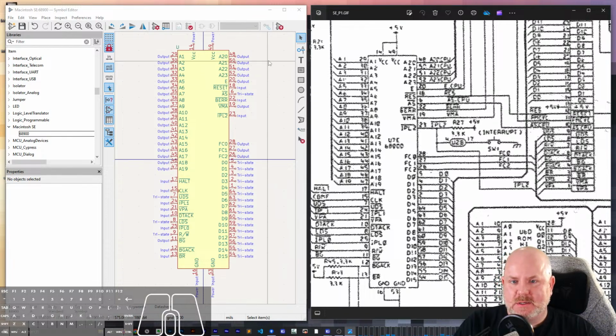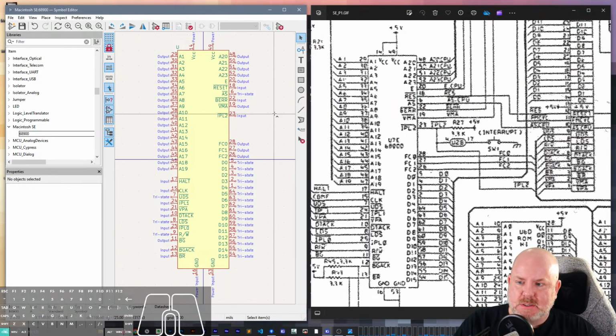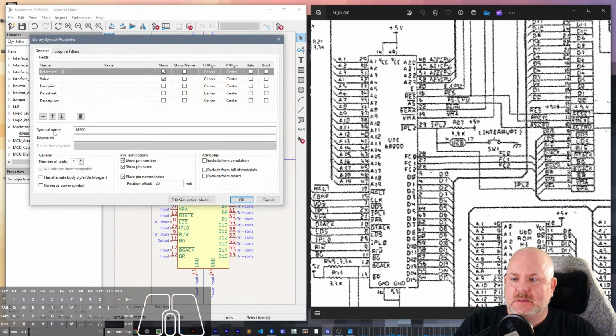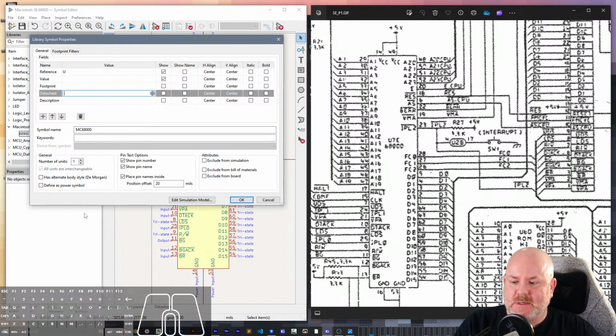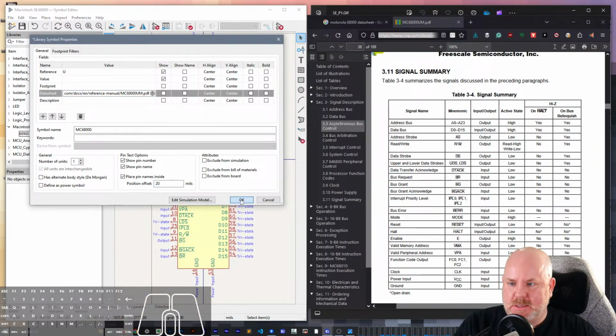Okay. This symbol is done. Save. And the name, I'm going to name it MC6800, and then for the data sheet I will actually throw in this URL since it's to NXP.